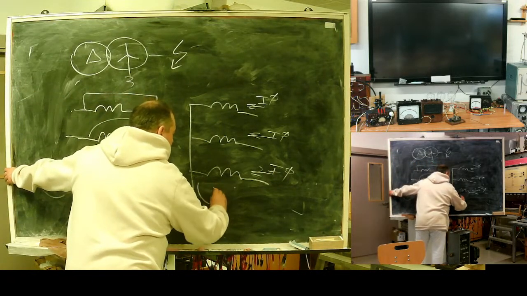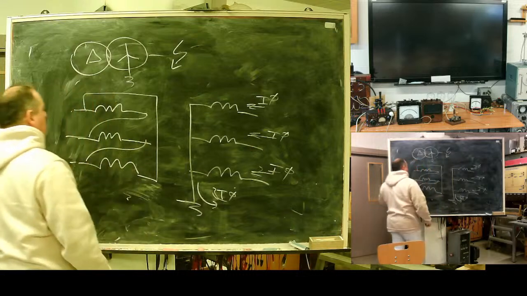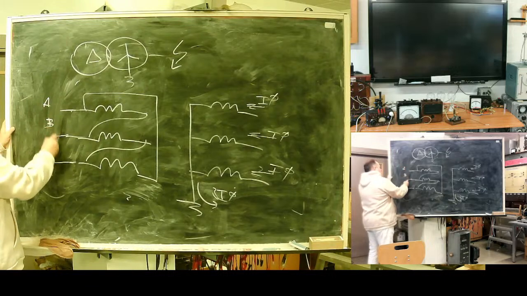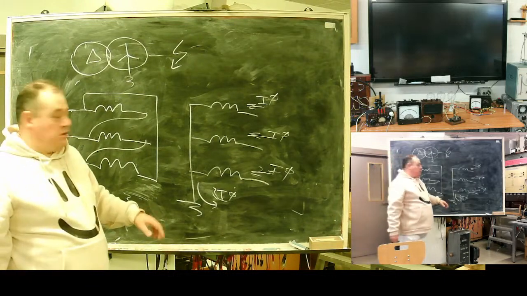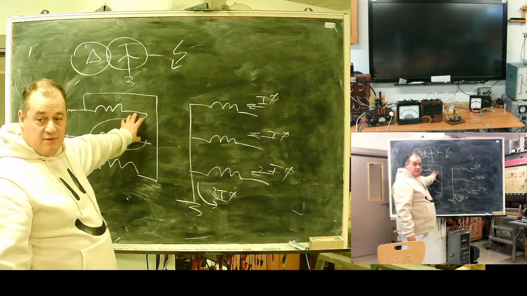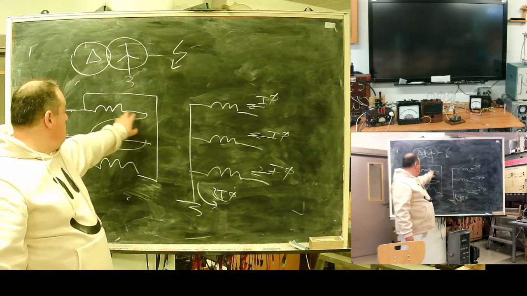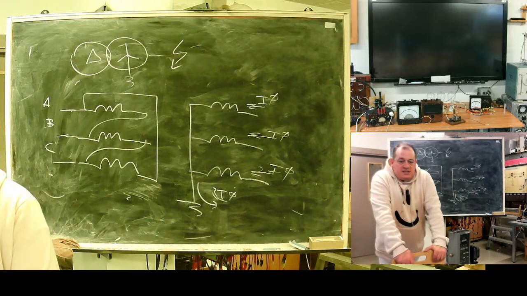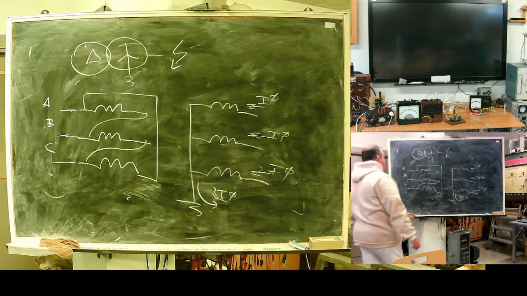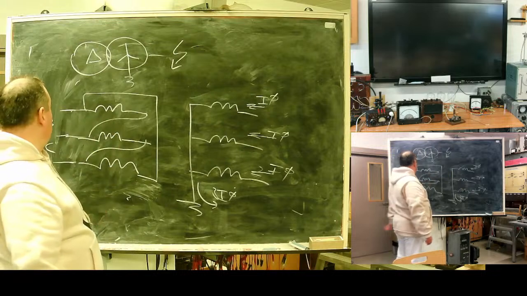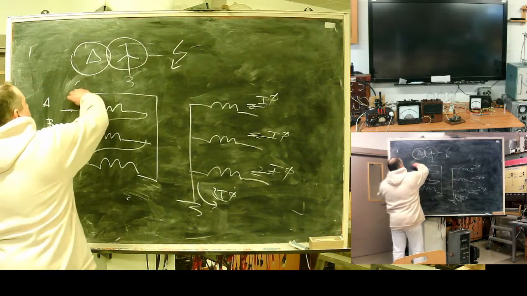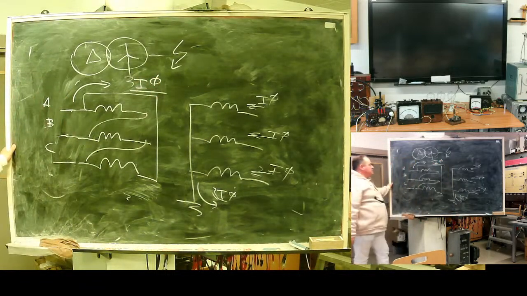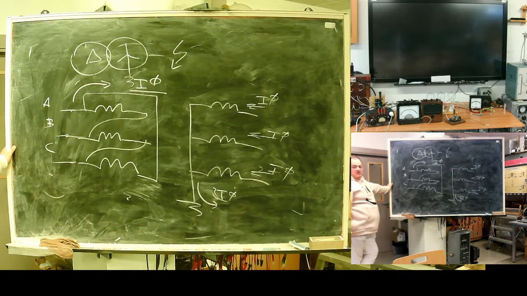Into ground flows triple zero sequence current. But what about the delta side? On the delta side, for direct sequence, the sum of the winding EMF is zero, and no current circulates. For zero sequence current, the sum of the winding EMF will be triple, meaning that here will circulate zero sequence current of the primary side.